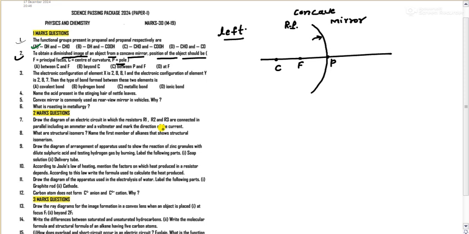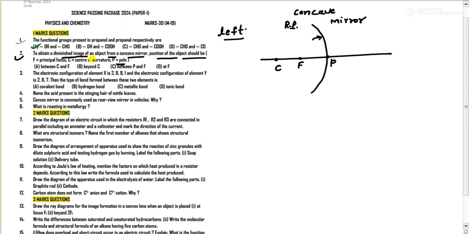If you have the textbook you can open it, or else I'll just explain it here. See, to get a diminished image in the concave mirror, you have only one option over there.